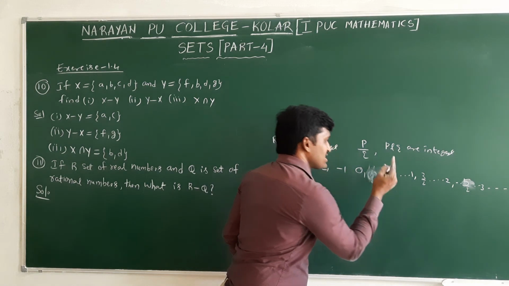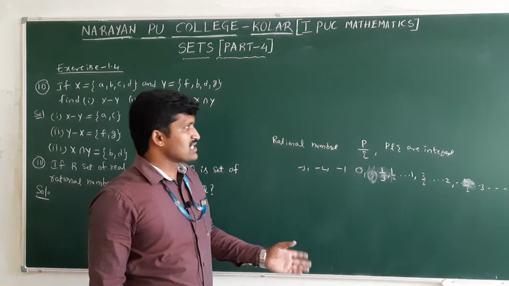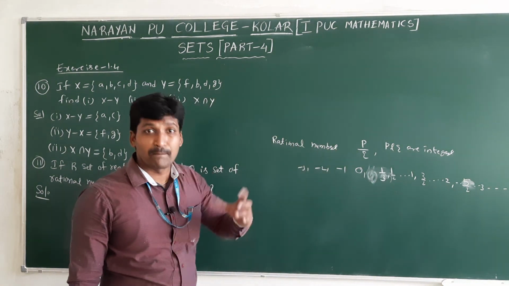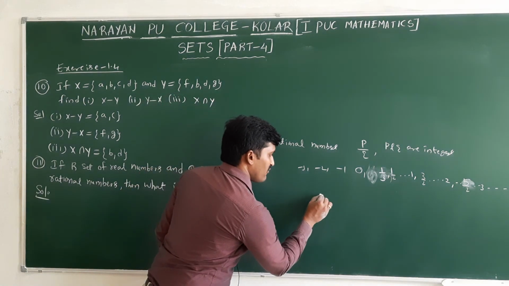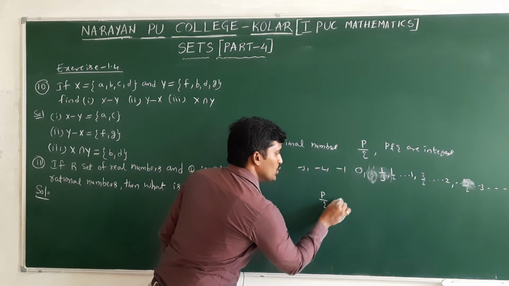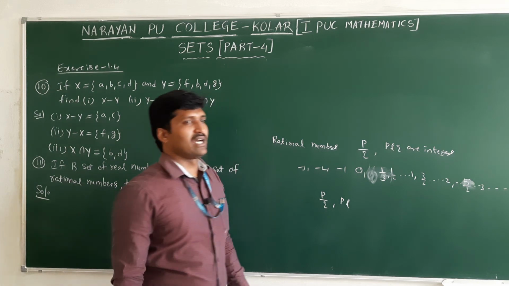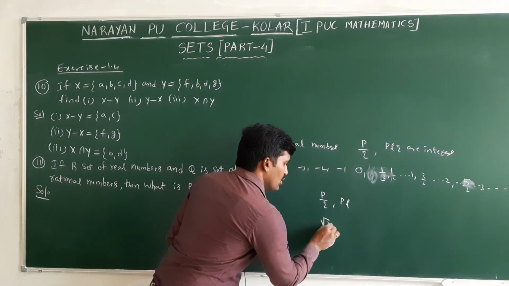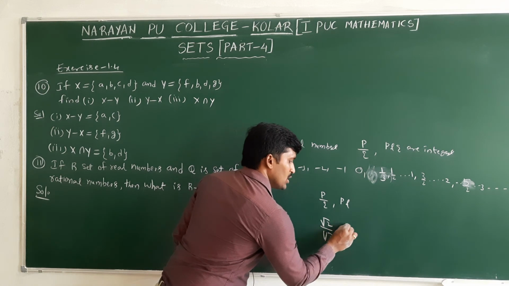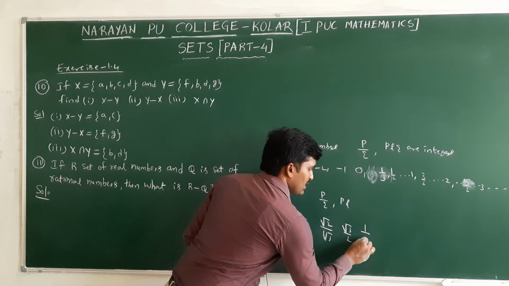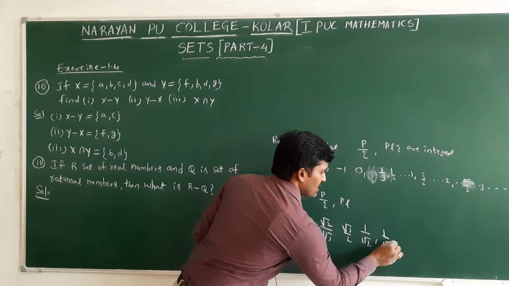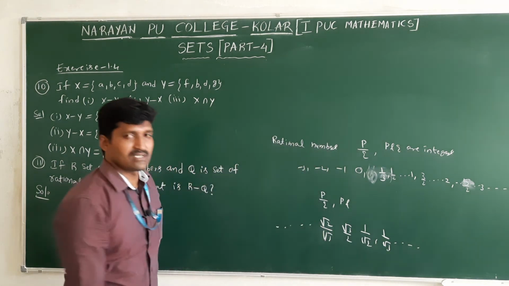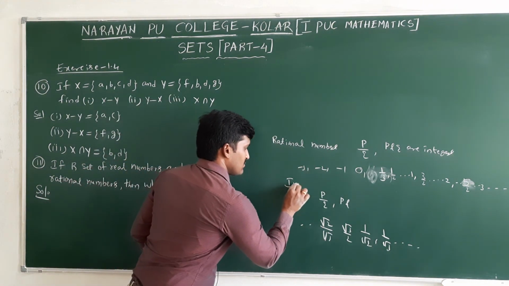When coming to irrational numbers, it is also in the P by Q form, but P and Q are not perfect square roots. For example, root 2 by root 3, root 3 by root 2, 1 by root 2, 1 by root 3. All these numbers we call irrational numbers.